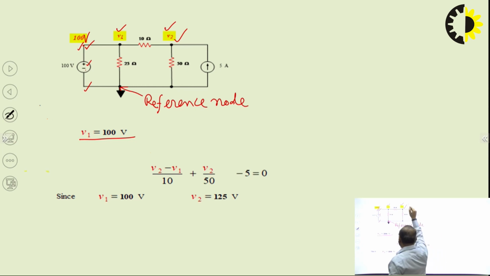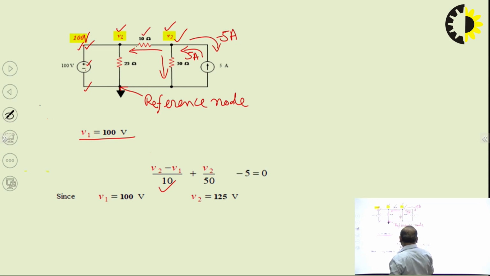So suppose we assume currents in this branch like this, here in this, and this is 5 ampere incoming current. Or if we take outgoing current, this will be minus 5 ampere. So the equation will become (V2 minus V1)/10, that is the 10 ohm branch current.